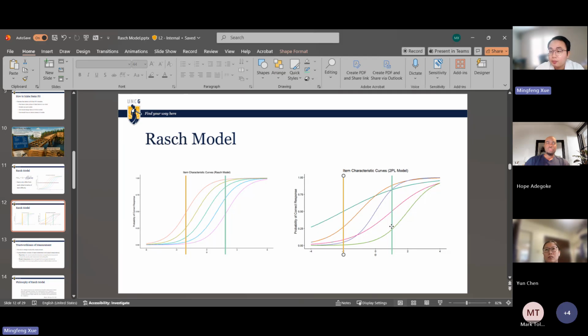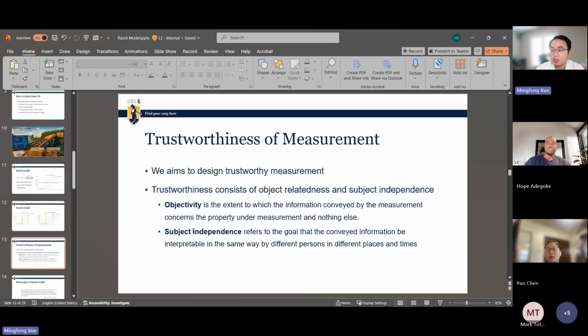But for respondent B, it changed, to orange and then blue. So the interpretation of item order changes depending on the location. And this will pose a threat to subject independence, and further pose a threat to the trustworthiness of the measurement.